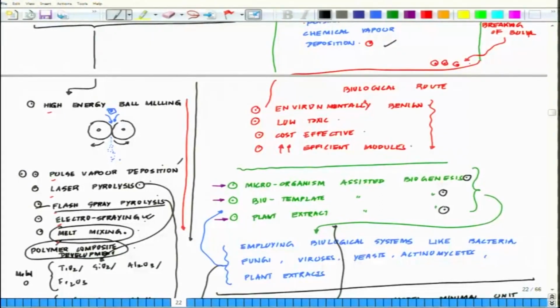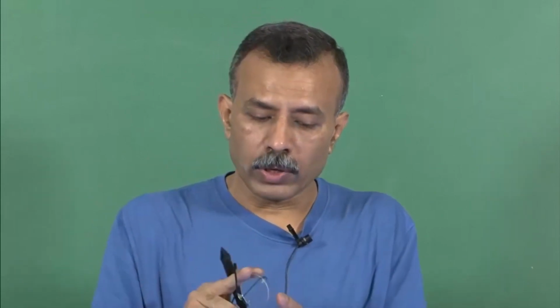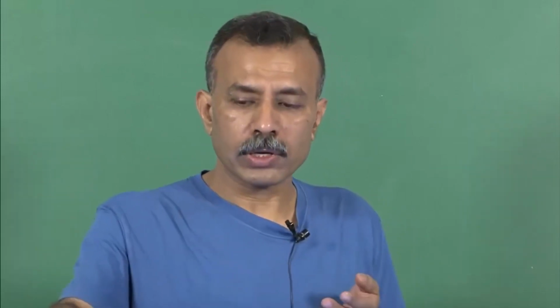So, in this segment, now we are left with the characterization of nanomaterials. This is in the module of nanotechnology. This is where we will be concluding once we talk about the characterization.